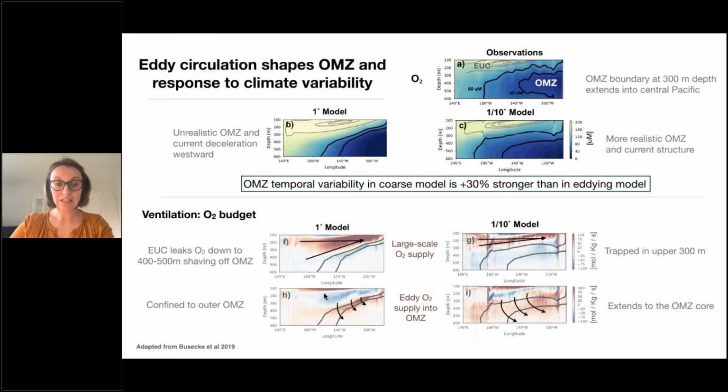Another very important thing is that mixing, which supplies oxygen to the oxygen minimum zone, is confined to the outer edge here in that case, where the fine-scale dynamics is not represented. Whereas here it's allowed, because of the representation of those fine-scale structures, to go into the OMZ core and make a much more uniform supply to the OMZ.